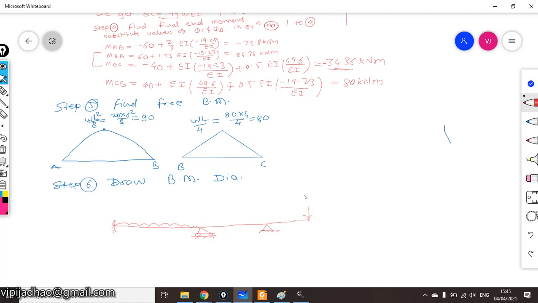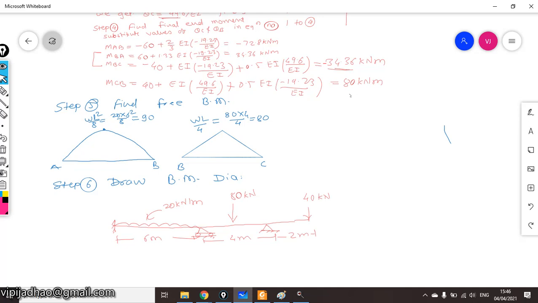Here we have a load of 40 kilonewton. Here at the center we have a load of 80 kilonewton, and this load is 20 kilonewton per meter. This span is 6 meter, this particular span is 4 meter, and this span is 2 meter. Now we have to draw the final bending moment diagram.